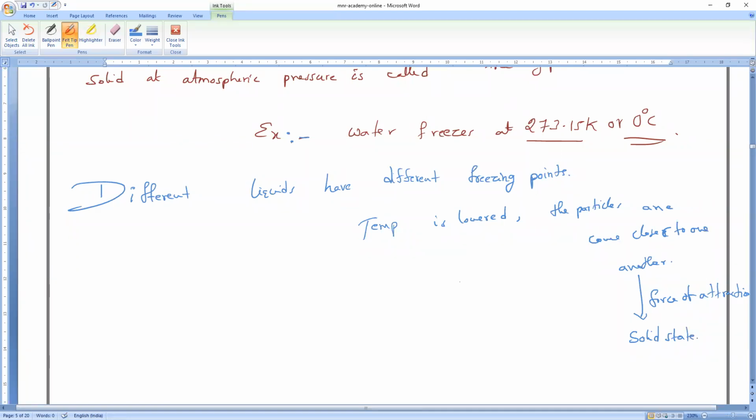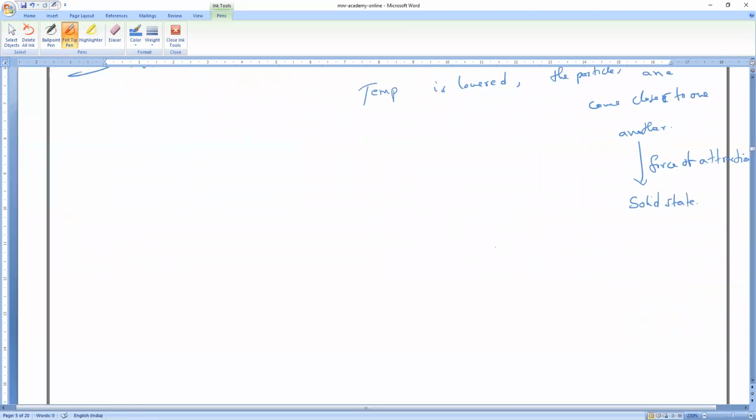Under normal conditions of temperature and pressure, are the melting point and freezing point of a substance the same or different? Same. If I take solid to liquid, what do we call it? Melting.